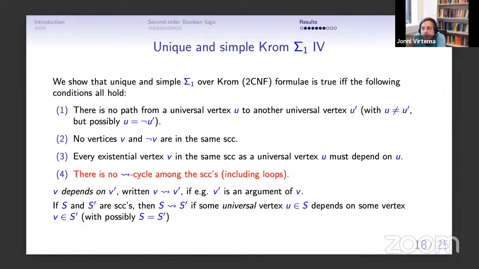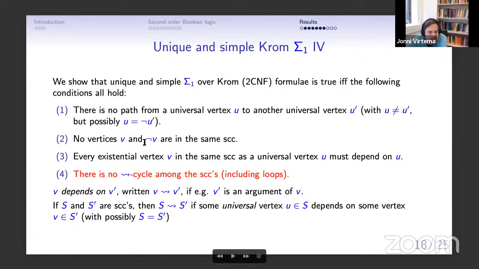But when we quantify with Boolean functions, we want to know when a function depends on another function, and it's a bit more complicated. If something is a parameter of something, then it depends on it, or if something is quantified before something and all the parameters are also there, you get this kind of dependencies. It's a bit technical, but it's in the paper.